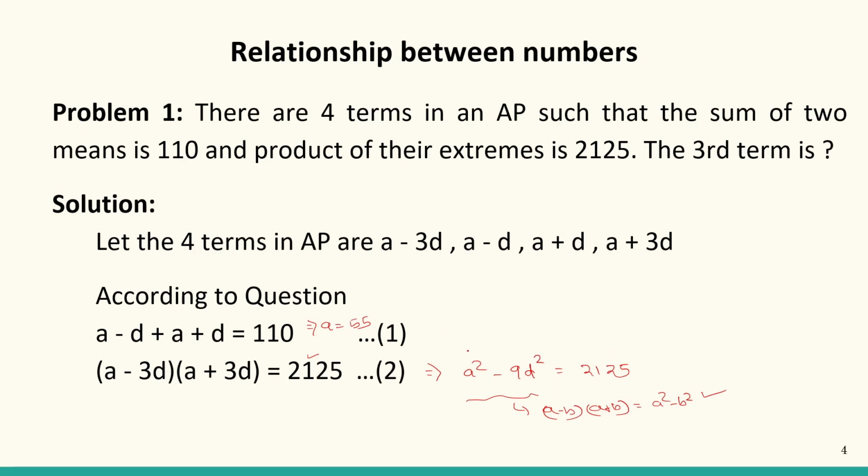So a square is equal to 55 square. This implies that 9d square can be written as 55 square minus 2125.